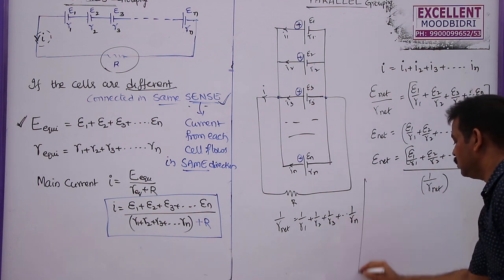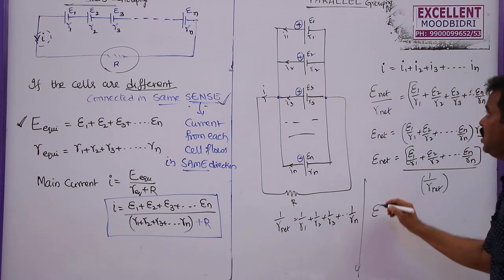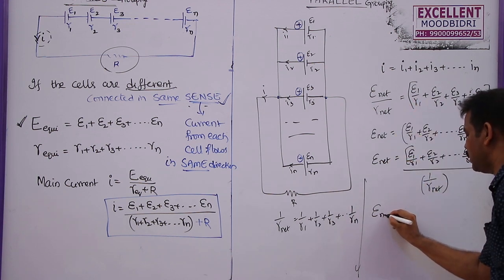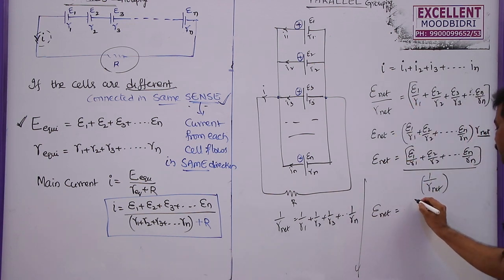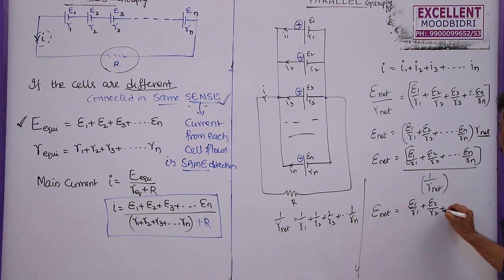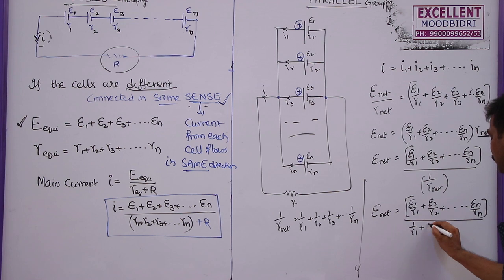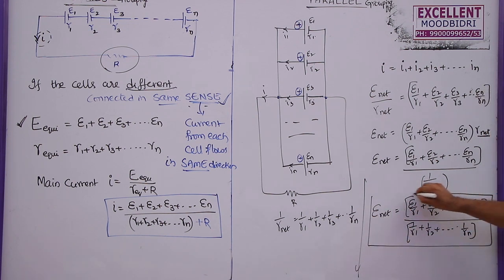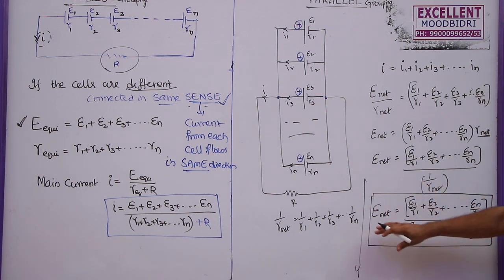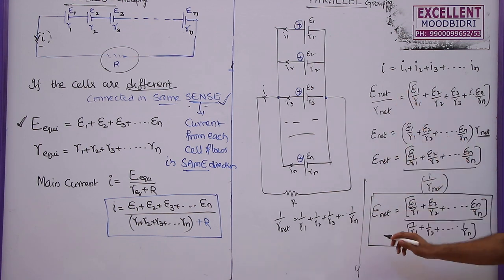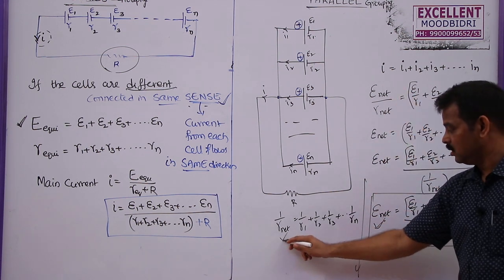Therefore, the net EMF of this parallel combination is E1 by R1 plus E2 by R2 and so on, En by Rn, divided by 1 by R1 plus 1 by R2 plus 1 by Rn. This is the net effective EMF of the parallel combination.